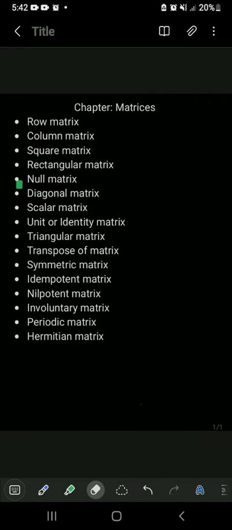Now we'll discuss the scalar matrix. What is a scalar matrix? A scalar matrix is a type of diagonal matrix in which the diagonal elements are the same.